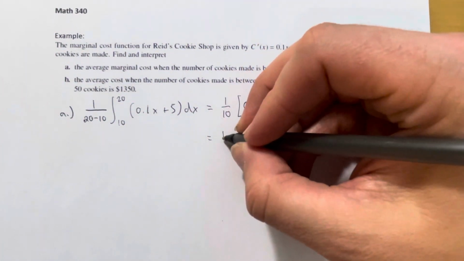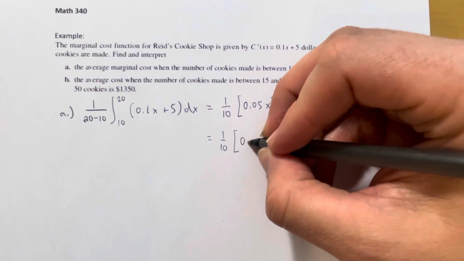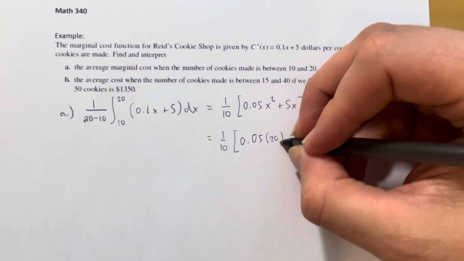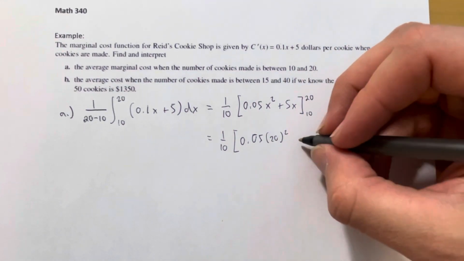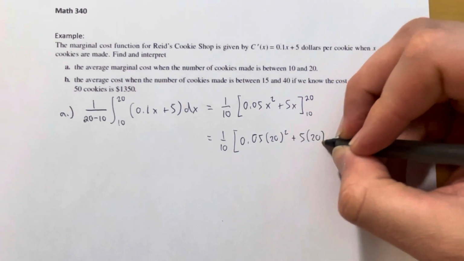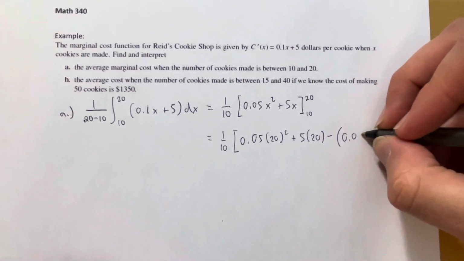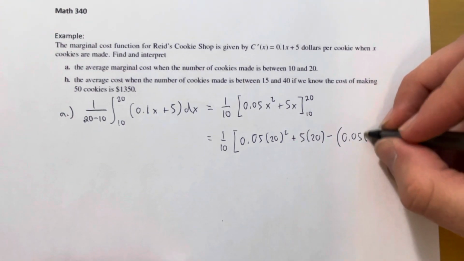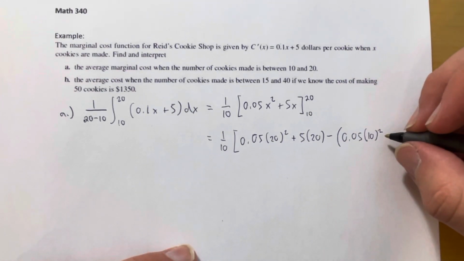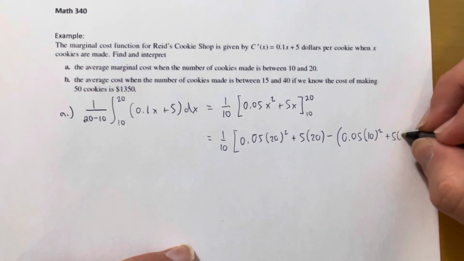This is going to equal 1/10 times 0.05 times 20 squared plus 5 times 20 minus 0.05 times 10 squared plus 5 times 10.